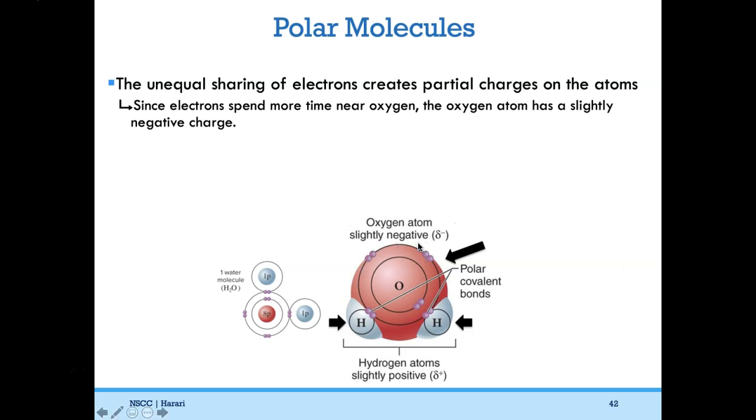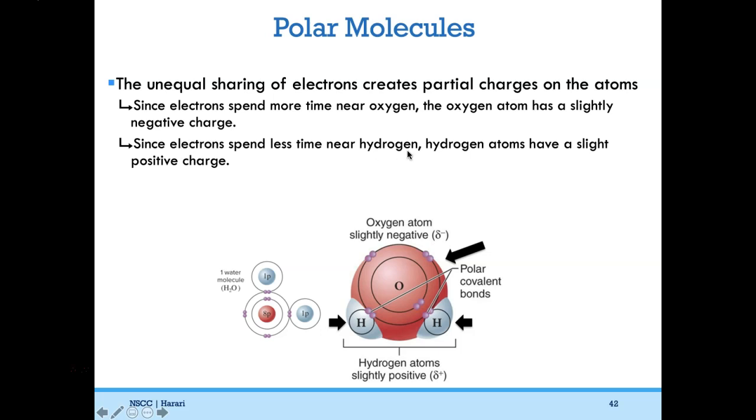It's not negatively charged because it still has the same amount of electrons that it's always supposed to have. However, the electrons spend a lot more time, right? They spend a lot more time closer to the oxygen than to the hydrogens. So we could say the oxygen atom has a slightly negative charge. And that's shown by this little delta minus charge.